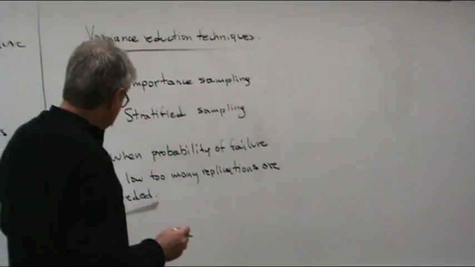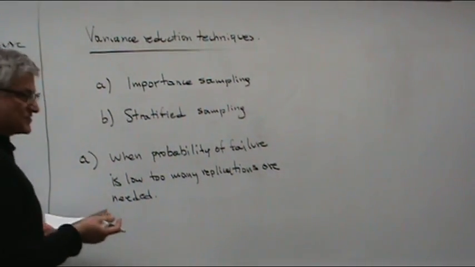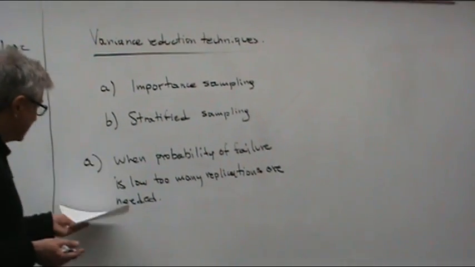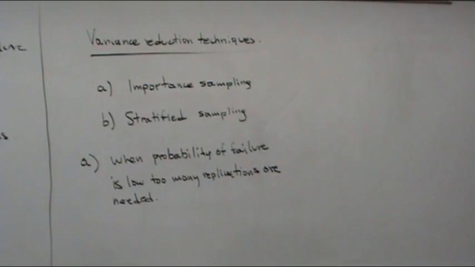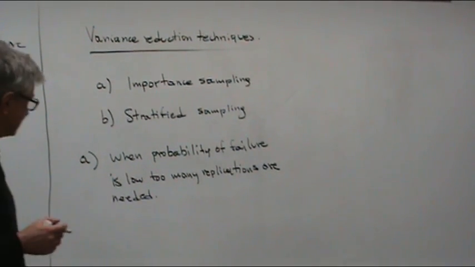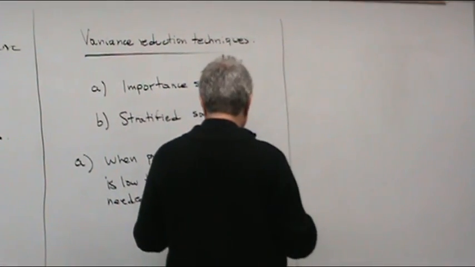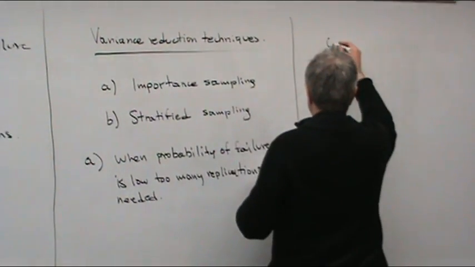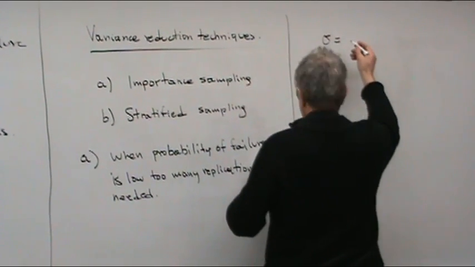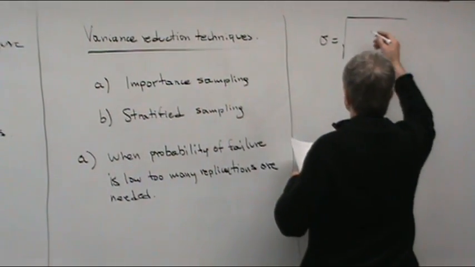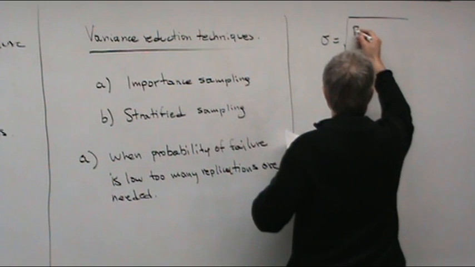Okay, let's see a quantification of what you have to do, how much you have to increase the number of replications to reduce the variance. Okay, the equation for the standard deviation of an estimate of the probability of failure is this.